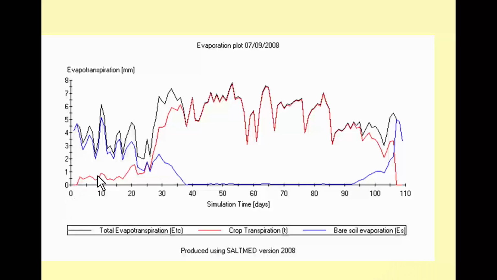In the beginning, when the plant is too small, most of the evaporation actually goes to bare soil evaporation, and as the plant grows and gets a bigger canopy, then the transpiration becomes the major contributor to water losses, and bare soil evaporation goes to the bottom there until harvest day. On harvest day, the bare soil evaporation starts to go up and transpiration goes down as you cut the crop.